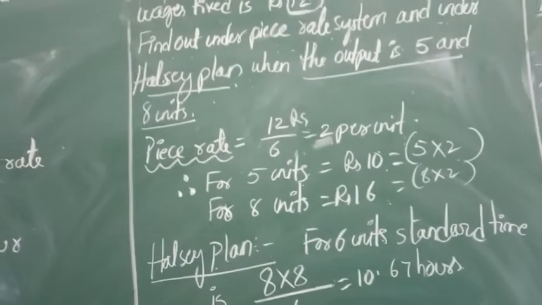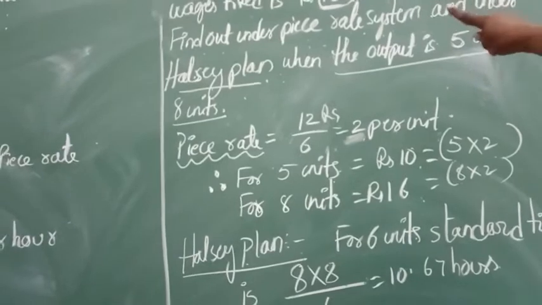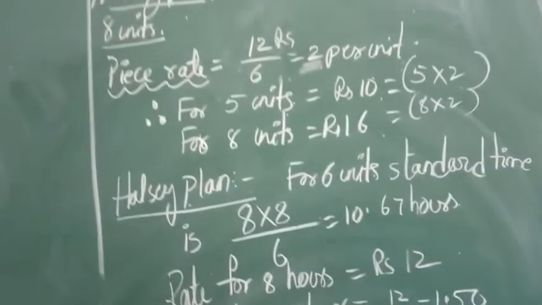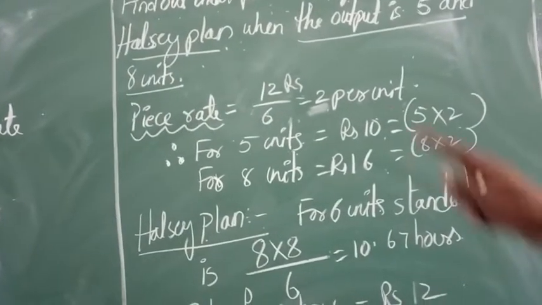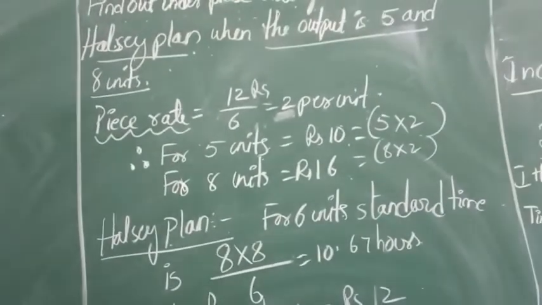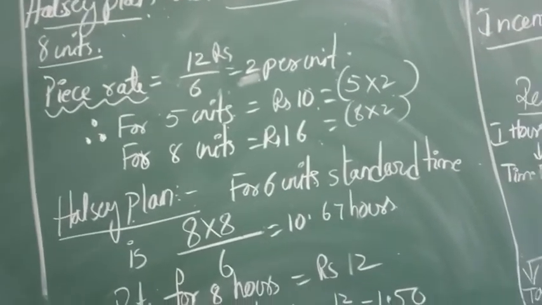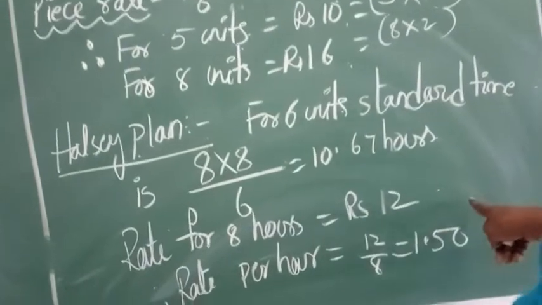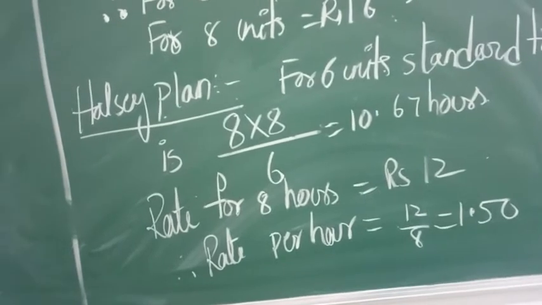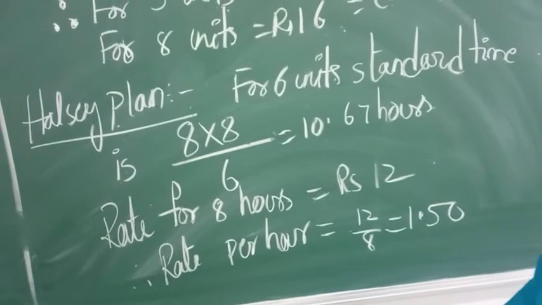I wrote the important points of the question also. After writing the question, I wrote the piece rate as well as the Halsey. First note down under the piece rate, then under the Halsey plan. This is the second method under the second problem, so please note down the Halsey method also.